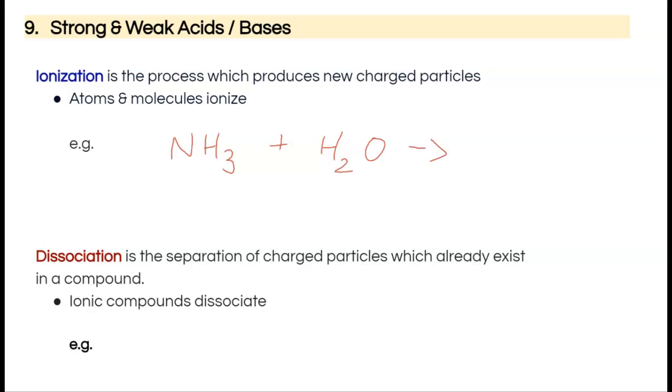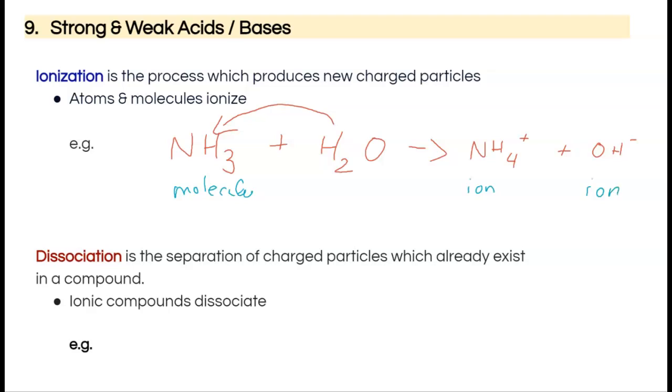And if it's acting as a base, it might accept a proton, and we would get ammonium as a result, as well as hydroxide. And so our ammonium ion formed from a molecule. Okay, so the ammonia is a molecule, whereas ammonium is an ion, right? We formed ions where there were none before.